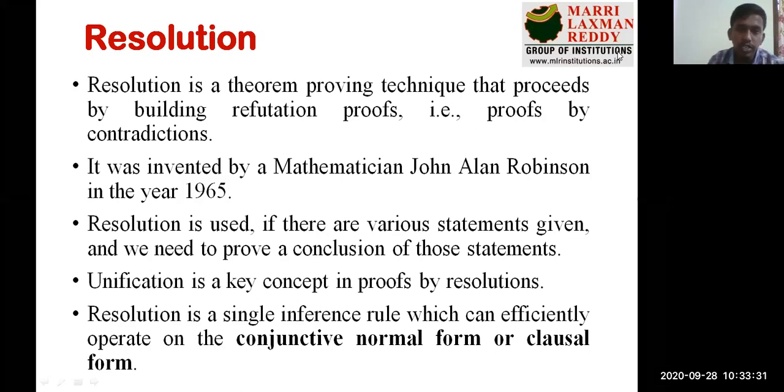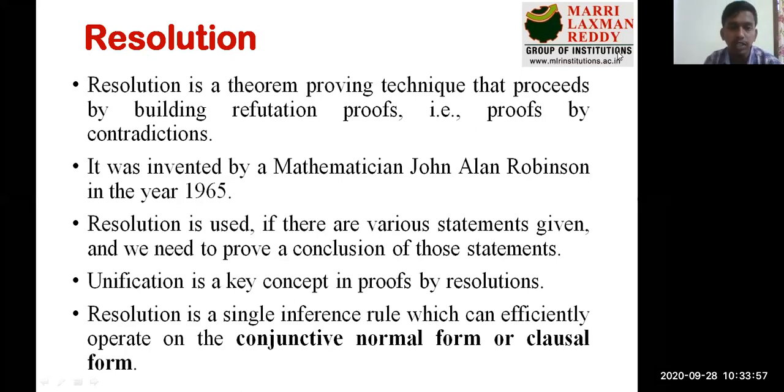Resolution is a theorem proving technique that proceeds by building refutation proofs, that is, proofs by contradiction. This was also learned by us in previous years, but the terminology you are learning here is different. It is called proof by contradiction, and here we call the same thing refutation proofs with respect to resolution.